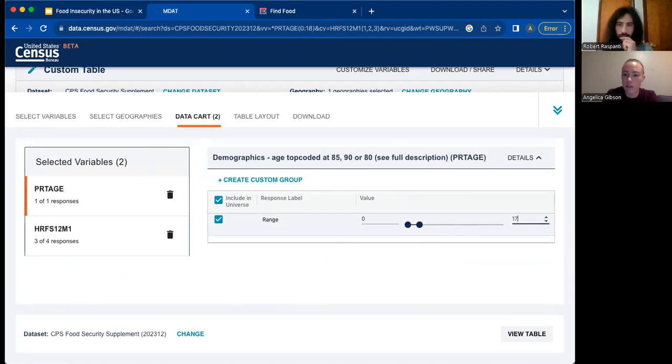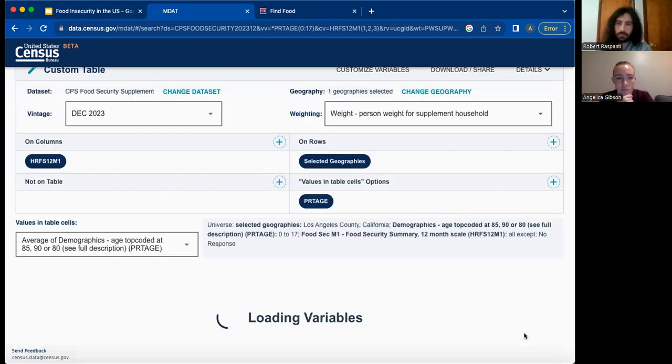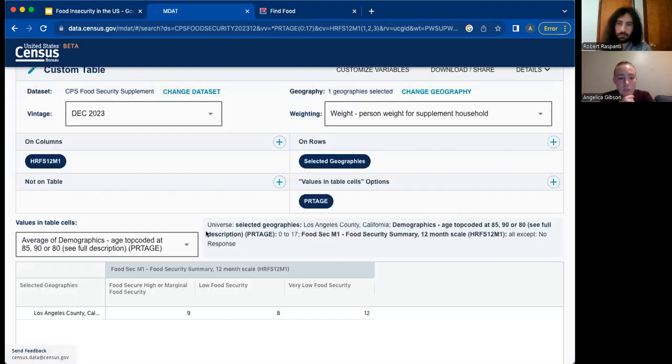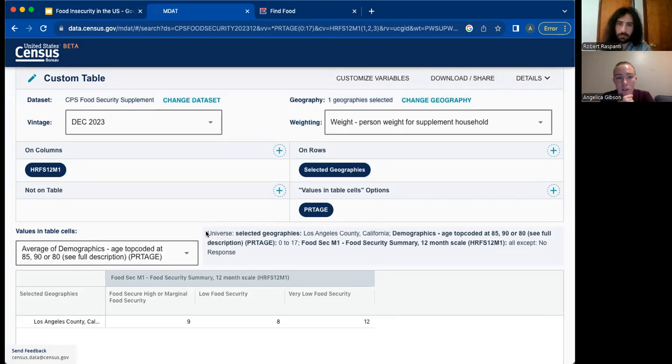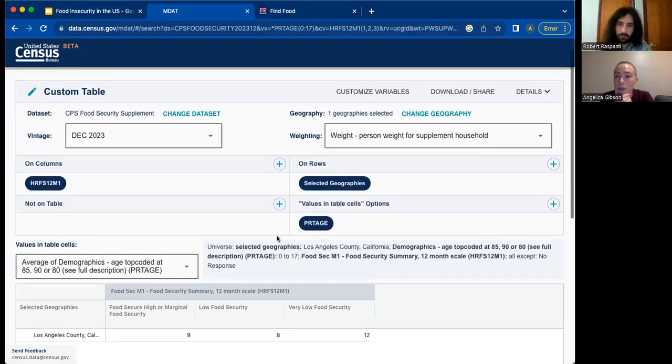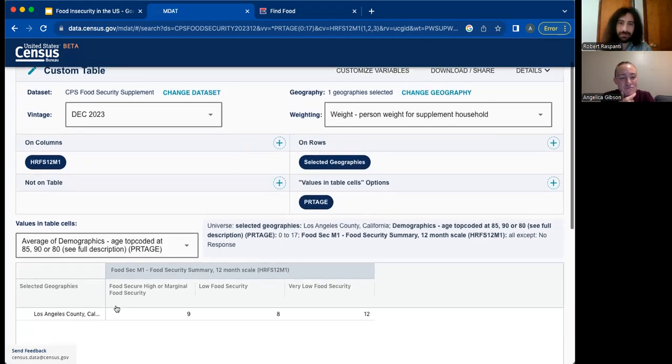So yeah, I just set this to an age range of all respondents from 0 to 17. So that's for children. And then we go to our table. And that's not correct. Hold on. Let's figure out why. Oh, right.